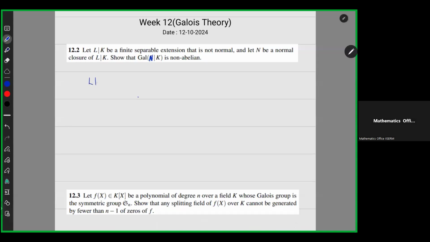Let me write here. L over K is a finite and separable extension, but not normal.